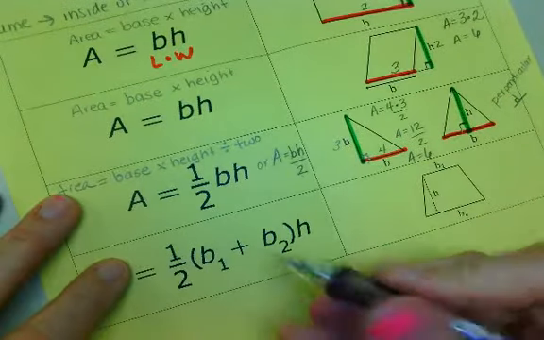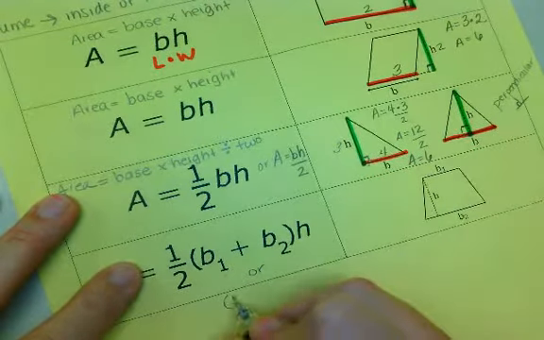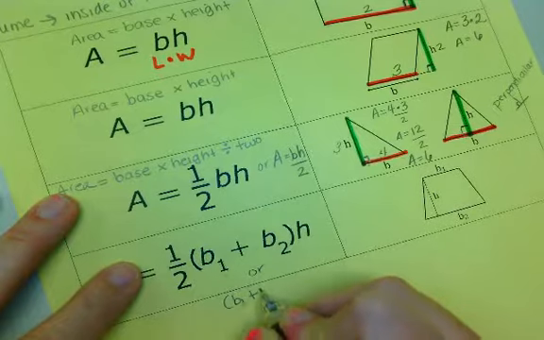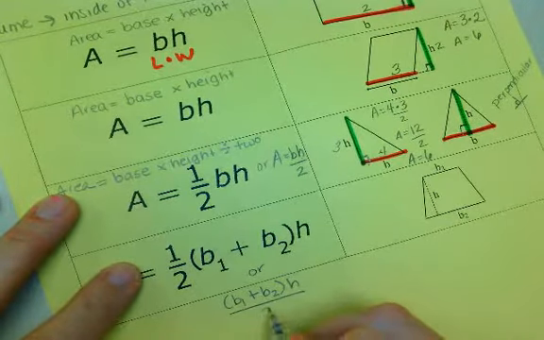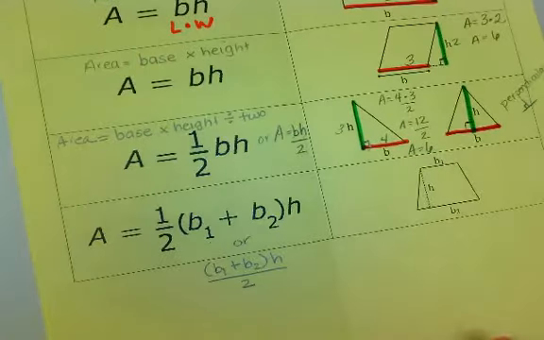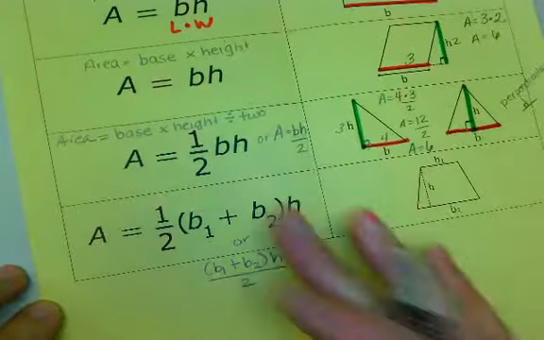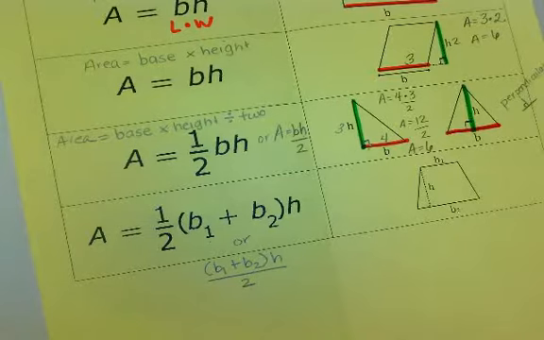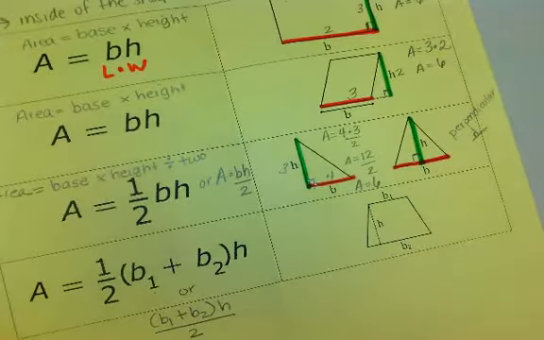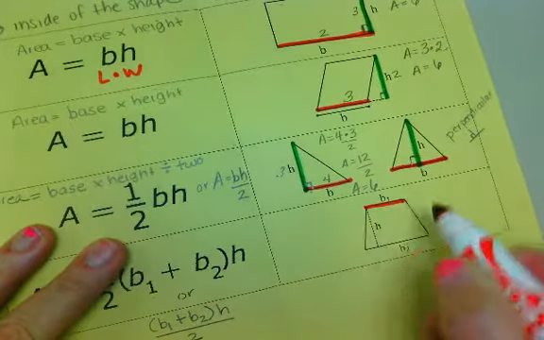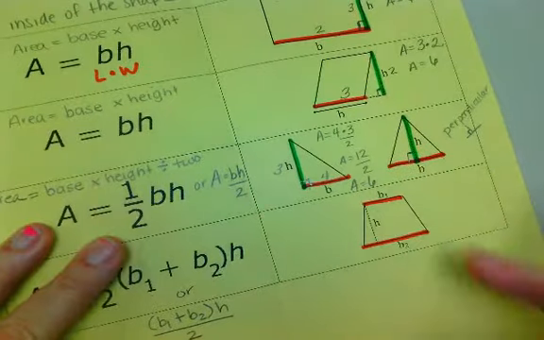So what you could do is this, or base 1 plus base 2 times height divided by 2. This is just half of what this is. That's all that it's saying. Okay? So you need to understand where your base 1 and base 2 are. They are labeled on here for you, but I need you to understand why they're these two and not these.